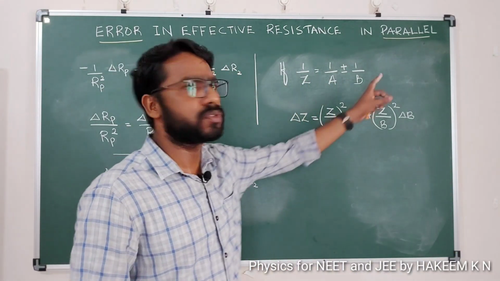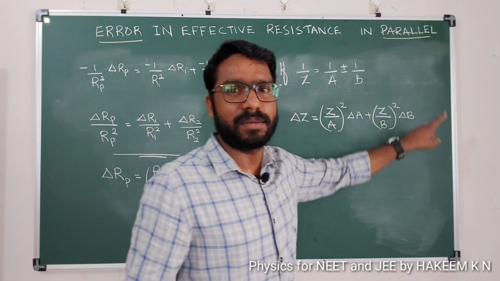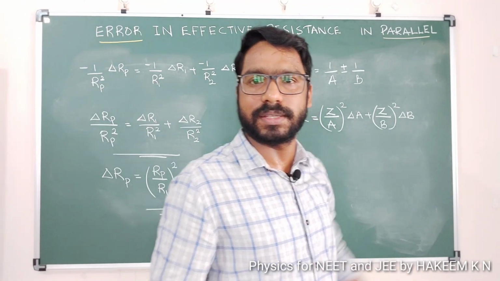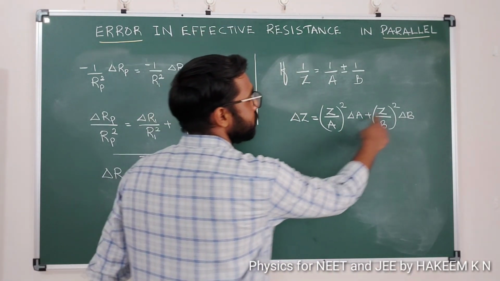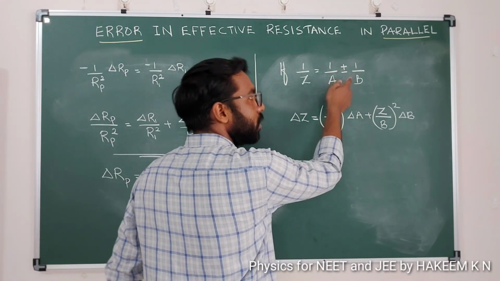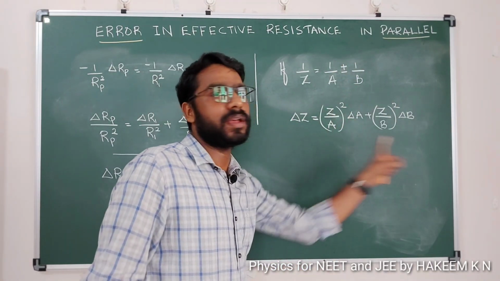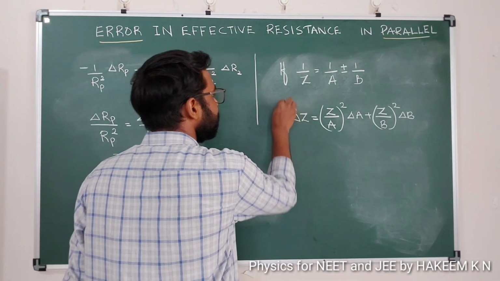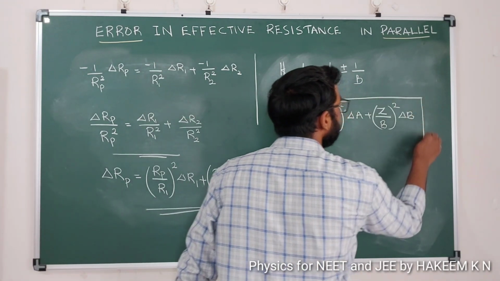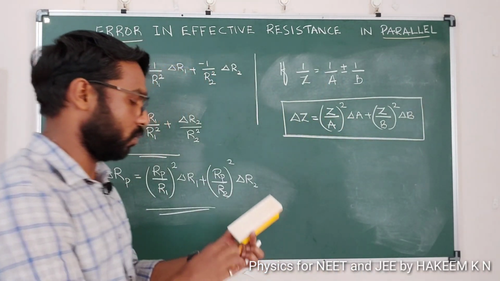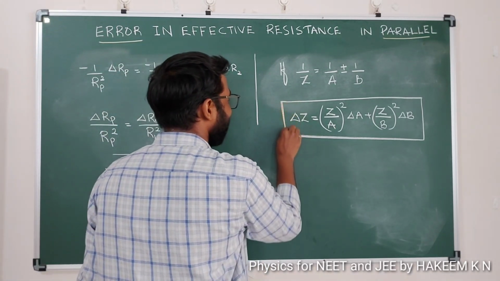And if there is 1 by c, then you can write z by c whole square into delta c, like that. Errors are always added. Here the calculation may be subtraction or addition, but errors are always added.